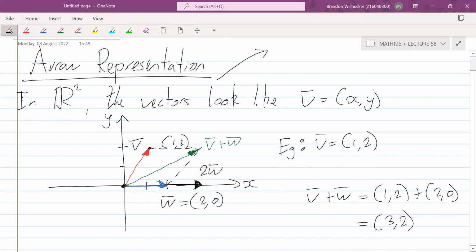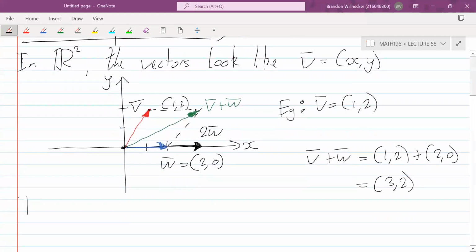Okay, now, while we're on this topic of the length of a vector, let's define it properly in terms of its components. So the length, okay, now there's a couple of ways of mentioning this. So we can say the length of a vector, or we can say the norm of a vector, or the magnitude.